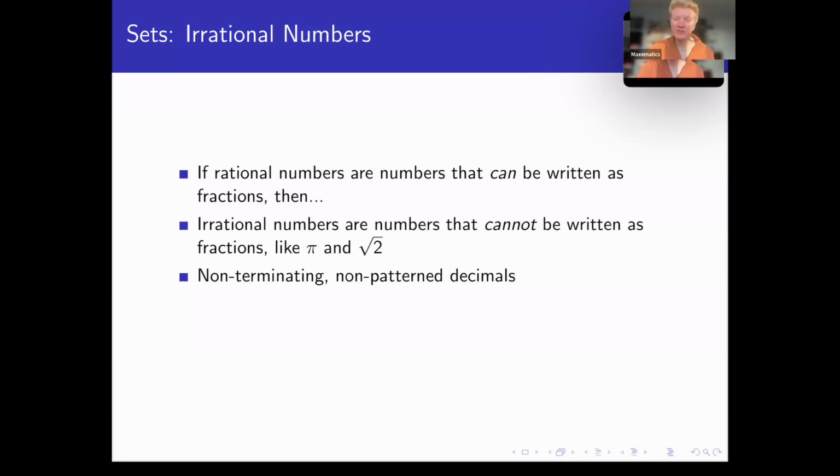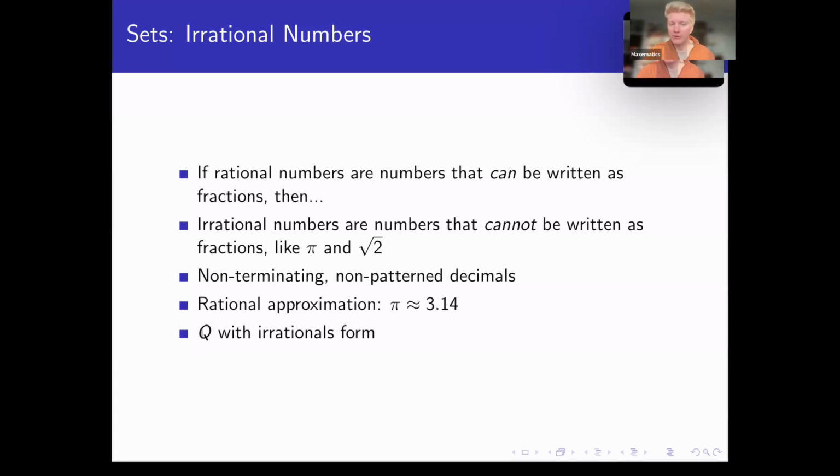So again, irrational numbers would be the set of all non-terminating and non-patterned decimals. And I kind of mentioned it before, rational approximation. We're going to do that quite a bit. You could use the pi button on your calculator to be as accurate as possible. But in normal everyday talk, we sometimes just like to say pi is roughly 3.14. So in some cases, we like to just use 3.14 if our ending result wouldn't be off by that much.